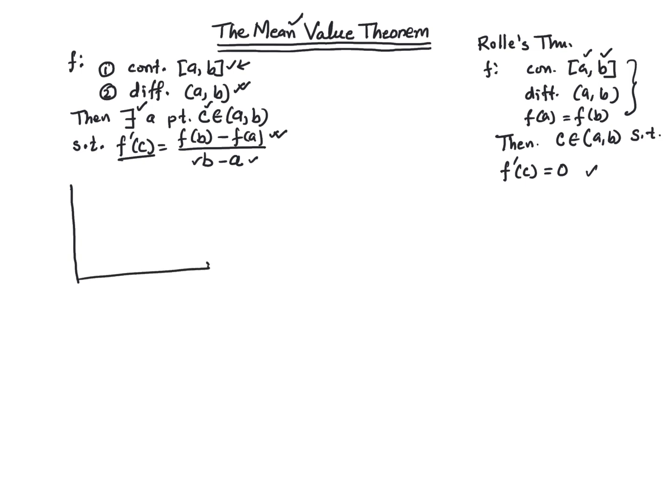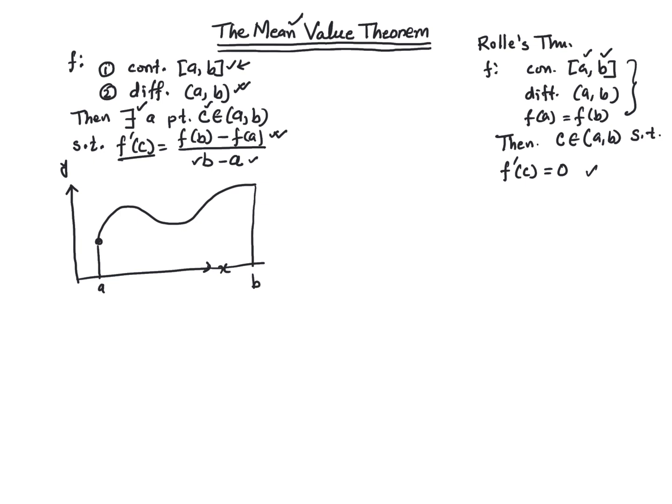you have this function. So this is your y and this is your x. Let's say you have this function, something like this. Now, let's say this is point a, and let's extend this. Let's say this is point b.